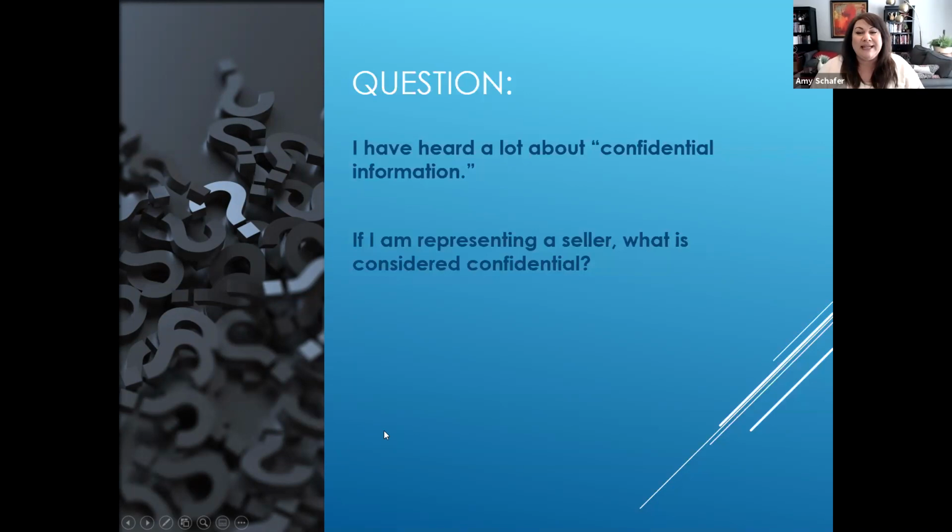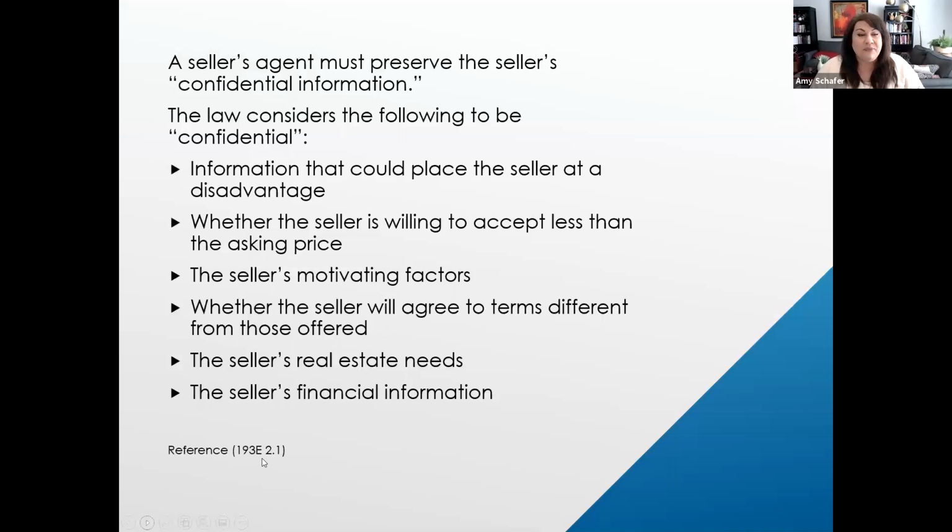Okay. So the next question is, I've heard a lot about confidential information. If I'm representing a seller, what is considered confidential? Now, this is probably a really big list. And I know that there is a really nice long list in the definition under the administrative rules 193E. But here is kind of the overview for you. These are the things that would be confidential for your sellers.